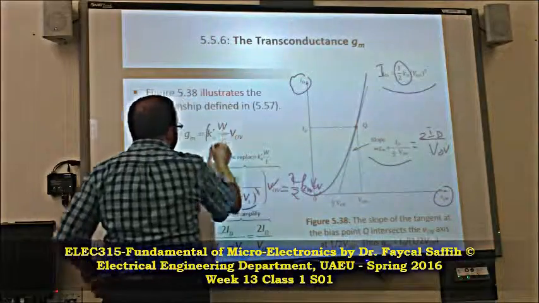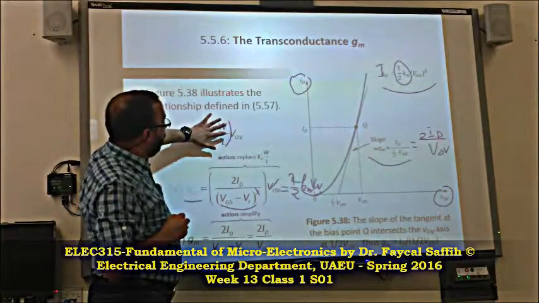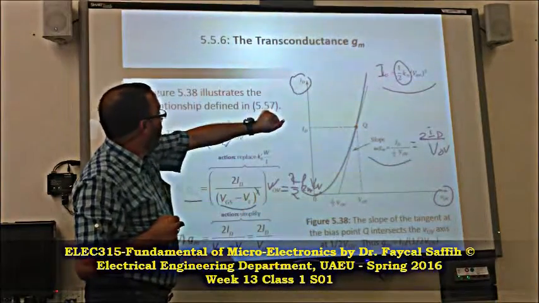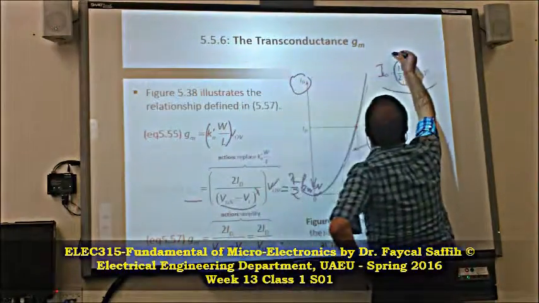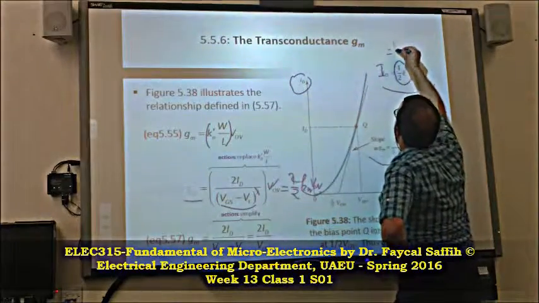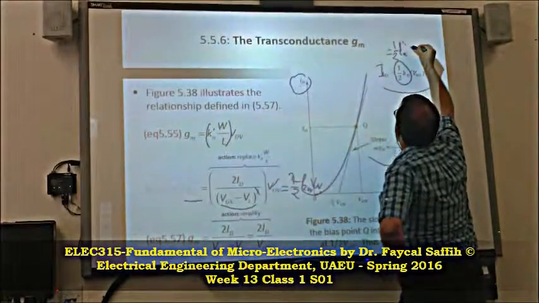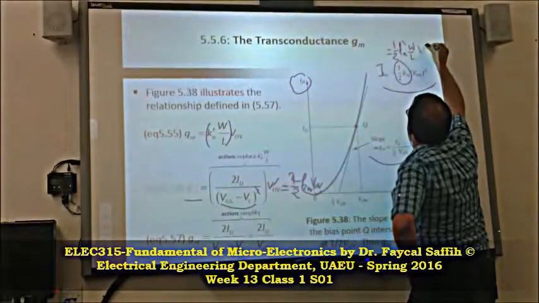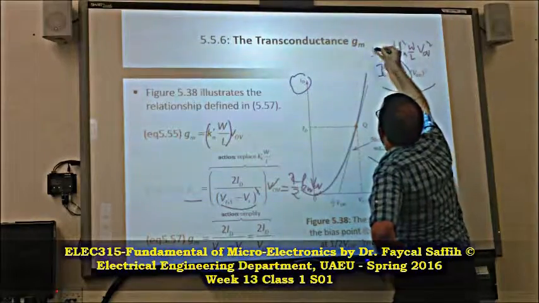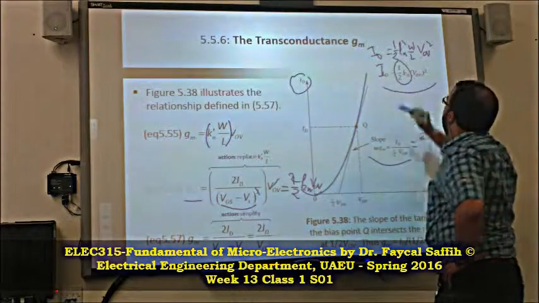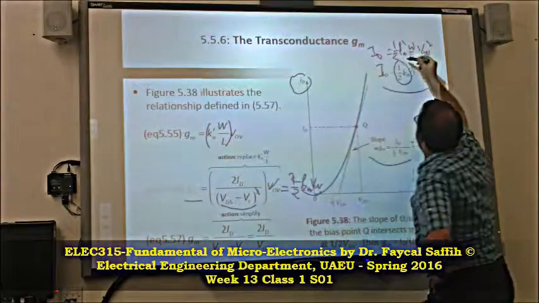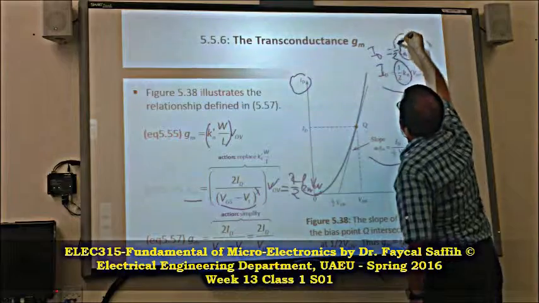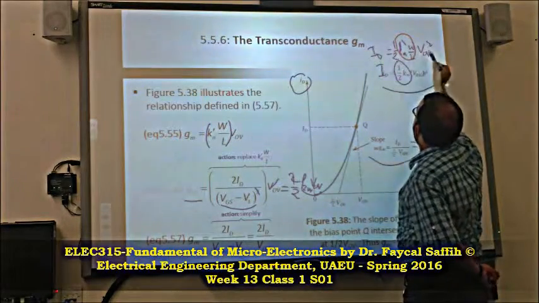So this is the equation we found so far. What is this really from the equation of ID? If we write this in terms of Kn prime, it's half Kn prime W over L times the overdrive square. This is ID. So this parameter is equal to 2ID divided by the overdrive square.